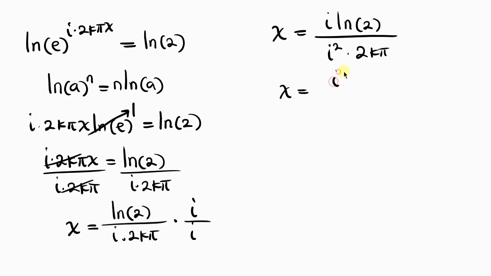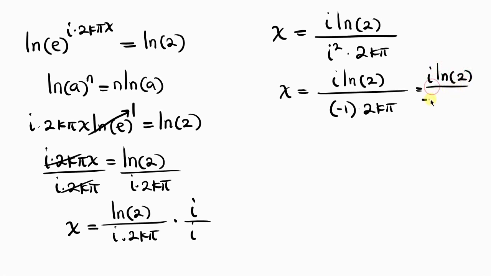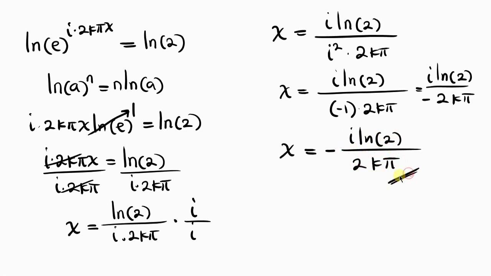So this gives us i ln 2 divided by negative 1 times 2k pi. And when we multiply this, we get i ln 2 all over negative 2k pi. But actually, this is written appropriately after dividing as negative i ln 2 all over 2k pi. So this is our final answer.